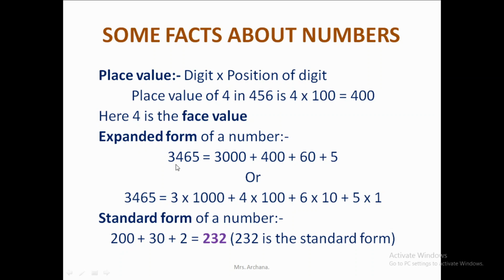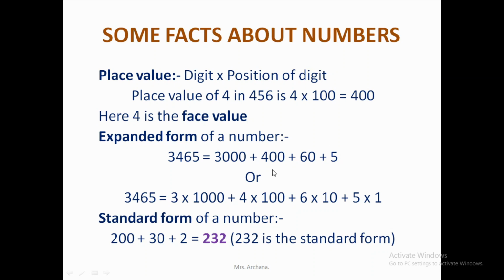So now we are going to write the expanded form of 3465. The place value of 3 is 3000, place value of 4 is 400, place value of 6 is 60 and place value of 5 is 5 because it is in 1's place. So this is the expanded form.